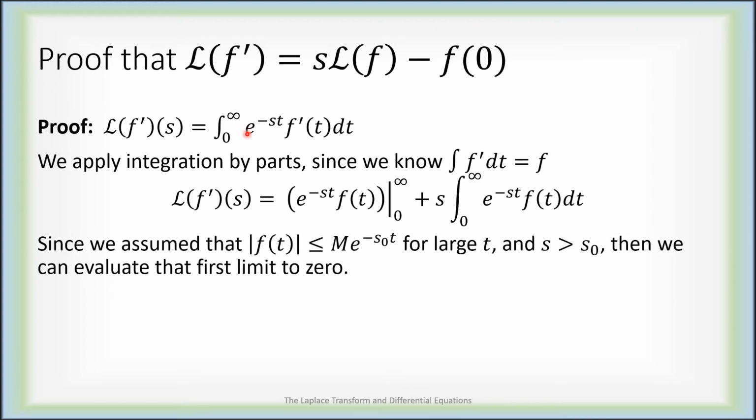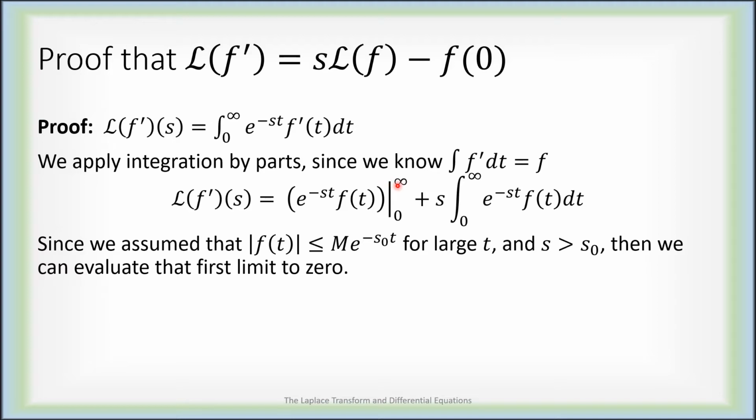Also in that first term, we assumed that f of t in absolute value is less than or equal to some exponential, and s is going to be bigger than the exponent here. Therefore, I have e to the minus st times something smaller than e to the s naught t. When I combine those two things together, this exponent is more negative than this one because s was assumed to be bigger than s naught.